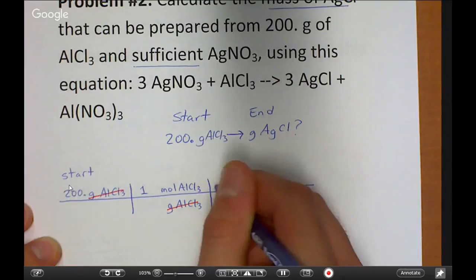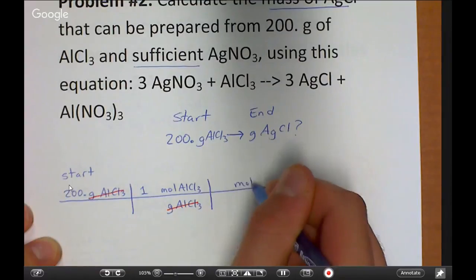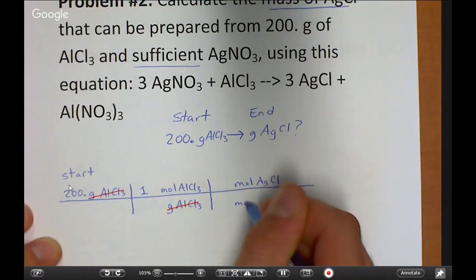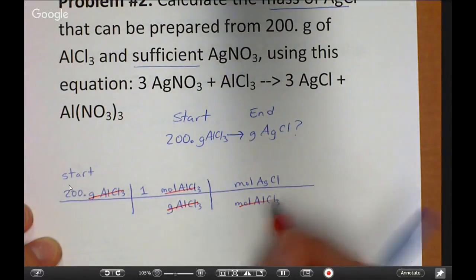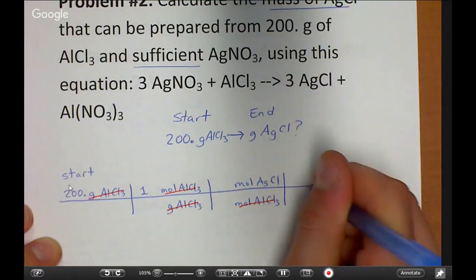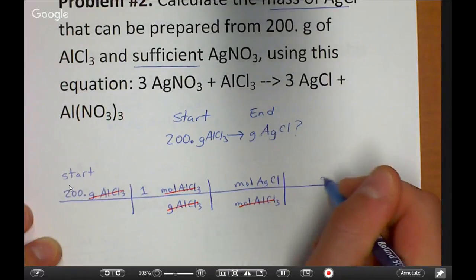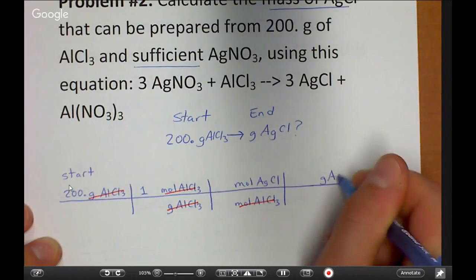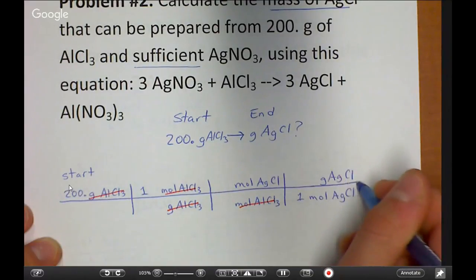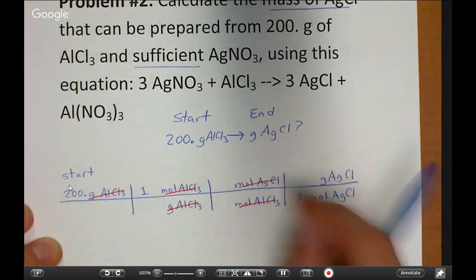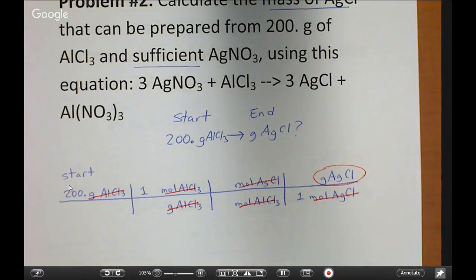Then we can go mole ratio, coefficient ratio, and change to moles of the new substance, AgCl, and moles of aluminum chloride go on bottom because we want to be able to cancel those units out. And then last but not least, we know in one step from our roadmap, we can go from moles to grams. In fact, that is our endpoint that we're trying to achieve. And for every 1 mole of silver chloride, there are a certain number of grams that we'll put in, and moles of silver chloride end up being canceled, leaving us with the correct unit being converted to.